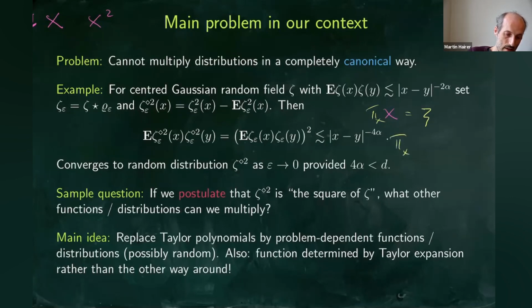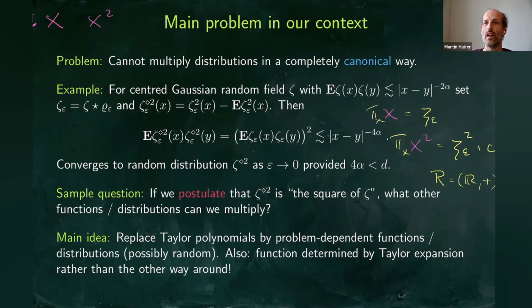And then your Pi_x of X squared would be, if you put a zeta epsilon, zeta epsilon squared. And then your group here, in this case, this group R would just be R with addition. And the way it acts on this model is by just adding a constant here.